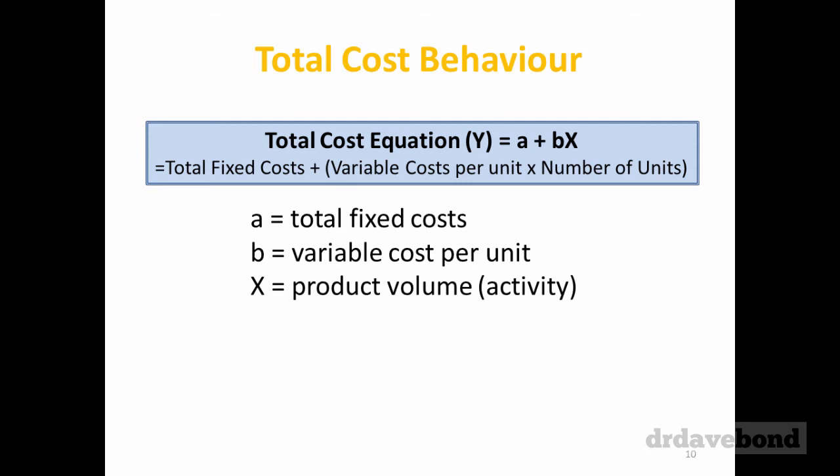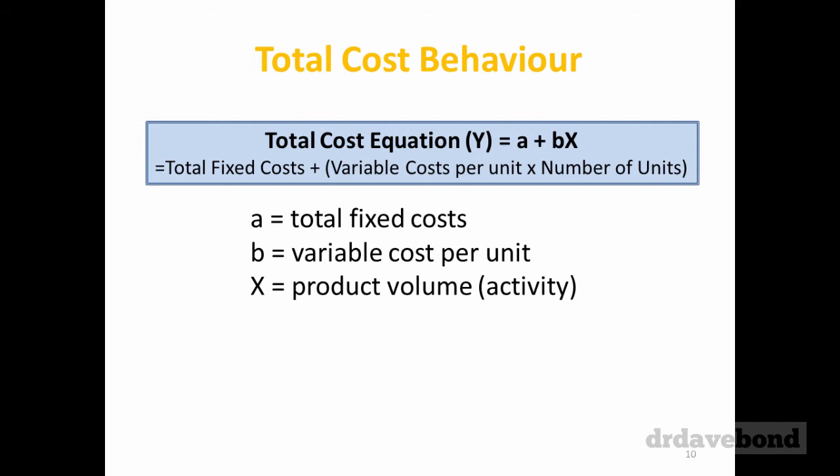So what we end up with is total cost behavior. This becomes a really important thing. This is critical for the next 3 weeks or so. So total cost, we're changing it from expenses to cost. We're thinking in costs now. This idea that total cost equals total fixed cost.